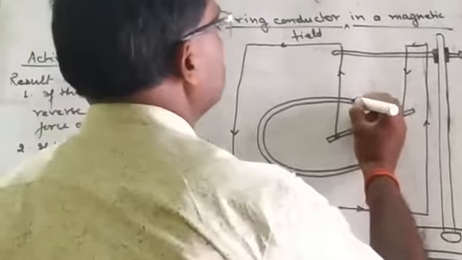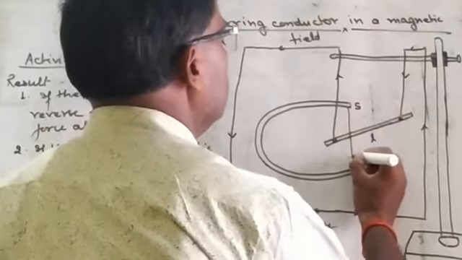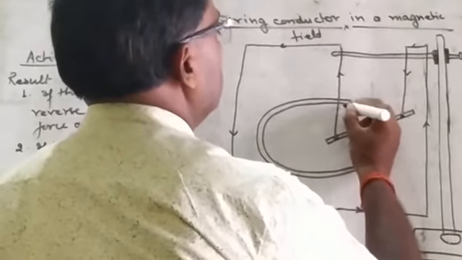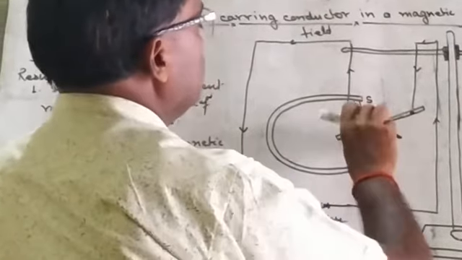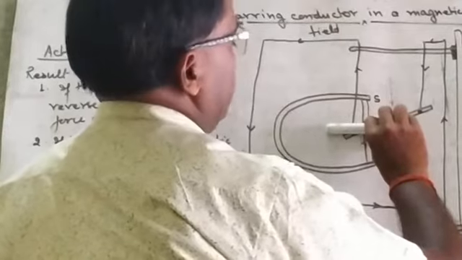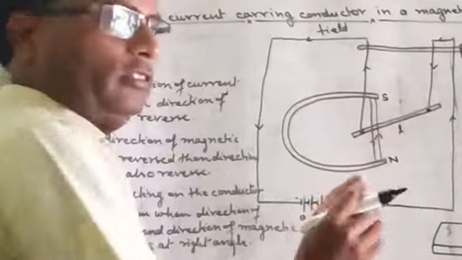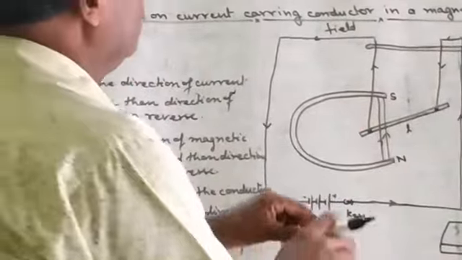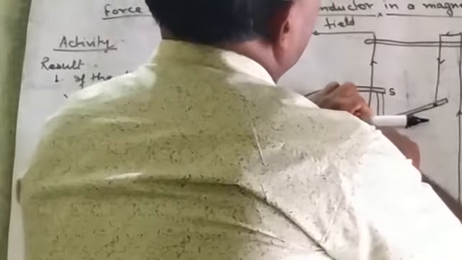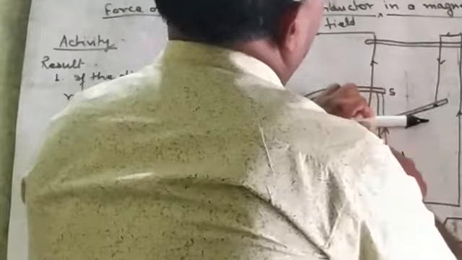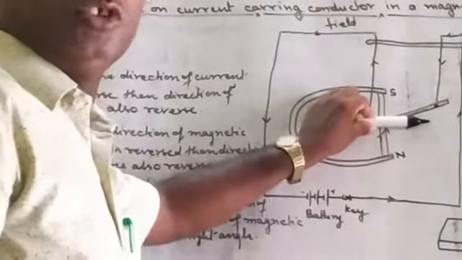Suppose I will discuss, then this is the direction of the magnetic field line here, and that is at right angle here, like this. This conductor I made in a 3D figure, but suppose it is at that position. Then the direction of current and the direction of magnetic field line are at right angle in this situation.